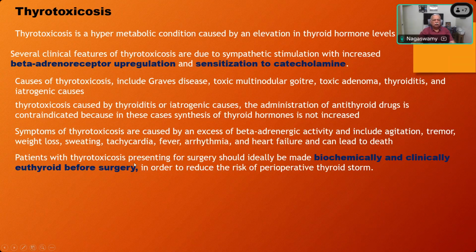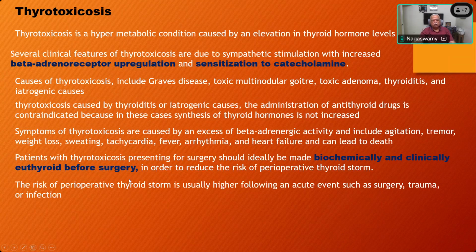And the most important point is if any thyrotoxic patient is coming for surgery, he must be biochemically and clinically made euthyroid before surgery to avoid the complication called thyrotoxic crisis or thyroid storm.